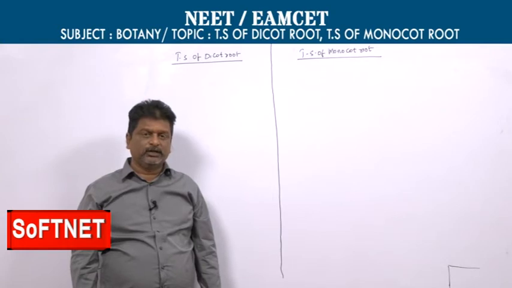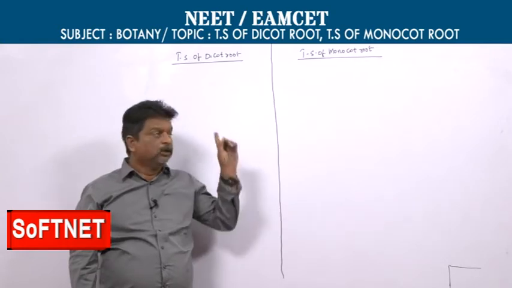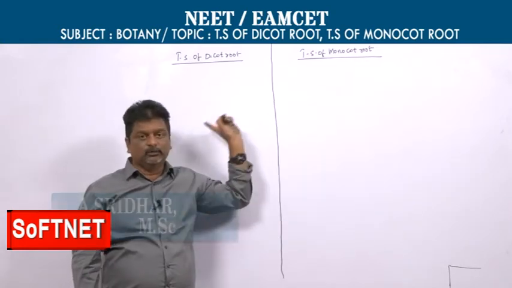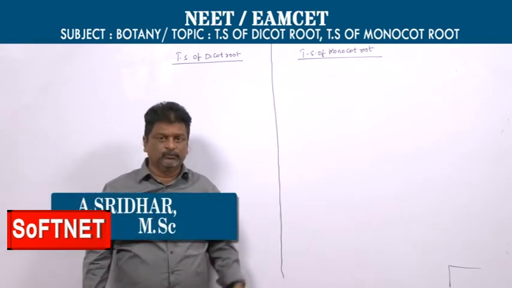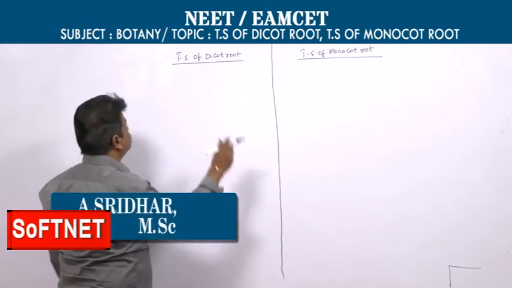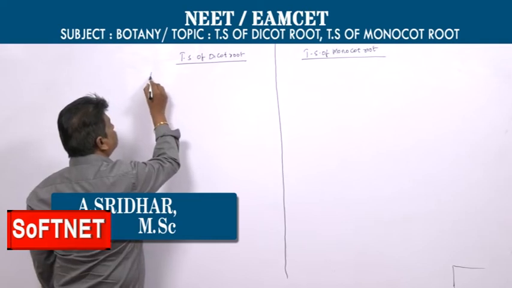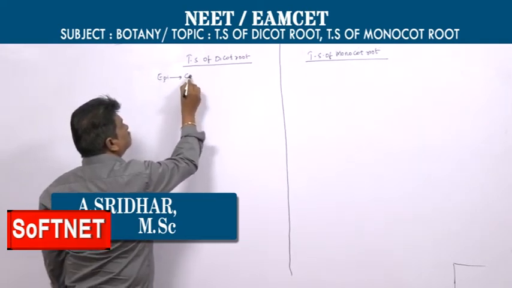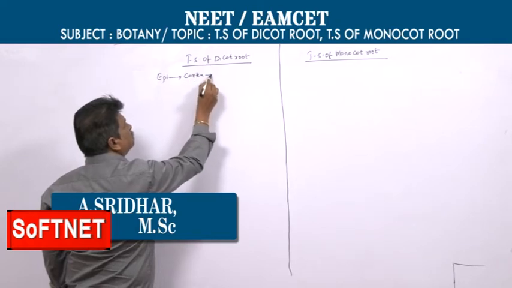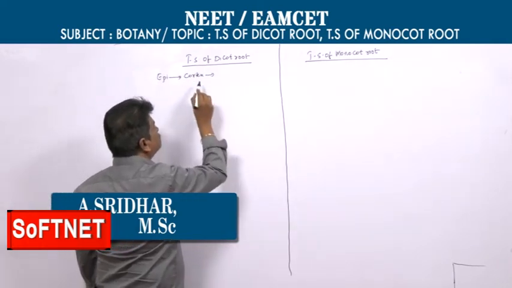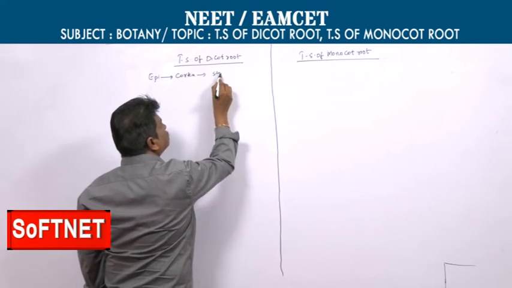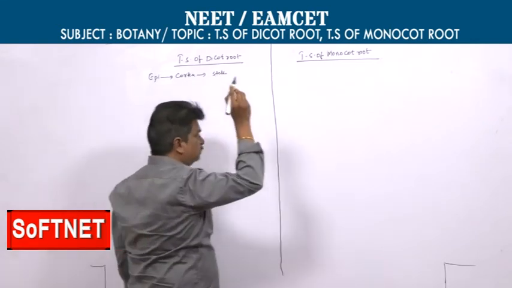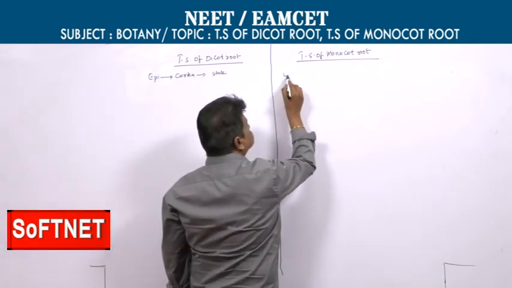Next discussion, anatomy. Under anatomy, T.S of dicot and monocot root. Both dicot and monocot roots show three parts: epidermis, cortex and stele.